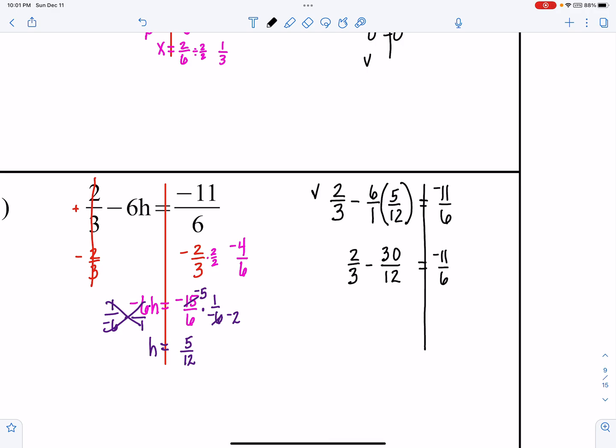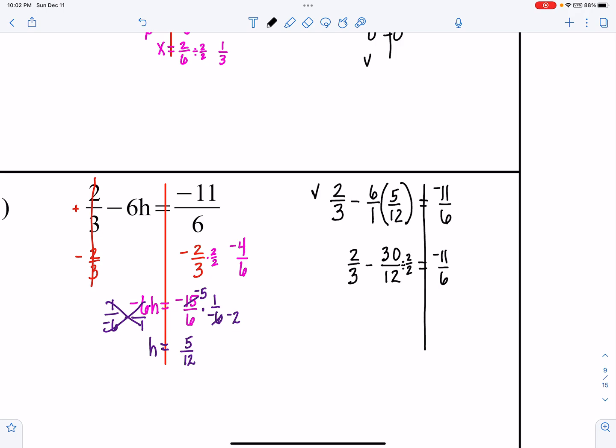Okay. I don't have common denominators here. So I have to make common denominators to do this subtraction. Let's see, can we divide both of these by 2 to make 6? So let's do divide by 2/2.